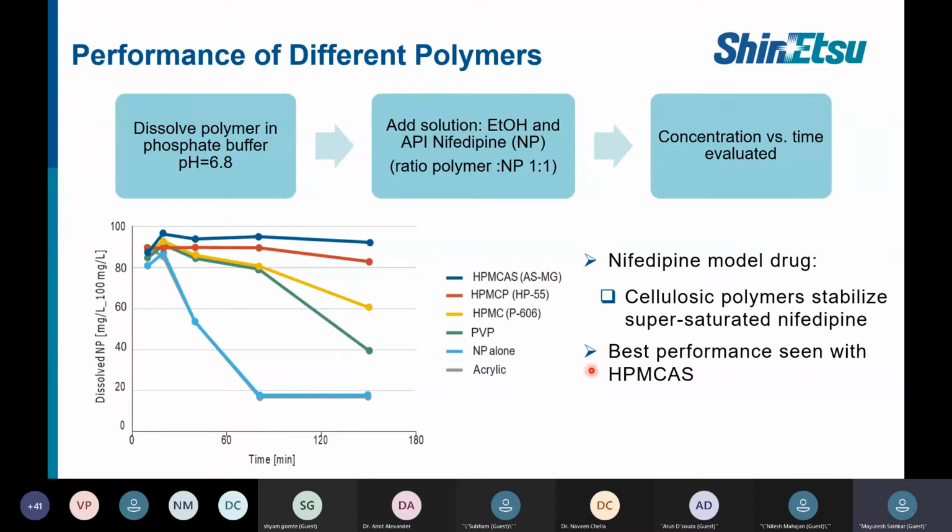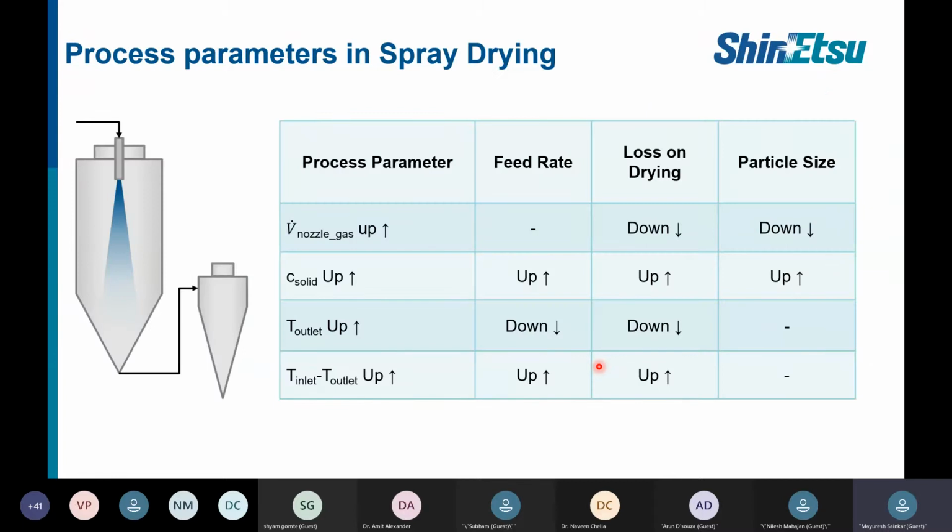So why we are saying this is not just verbal or theoretical, but also after processing and observing the various process parameters. Various process parameters should be considered in spray drying. If you see, these are the various processing parameters, and the impact can be seen on the feed rate, loss on drying, and on the particle size.